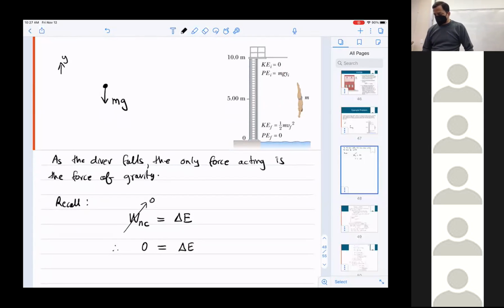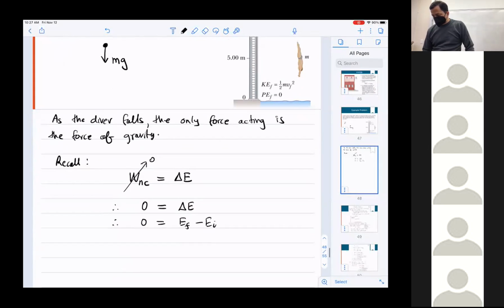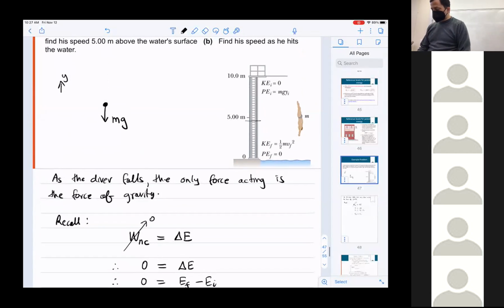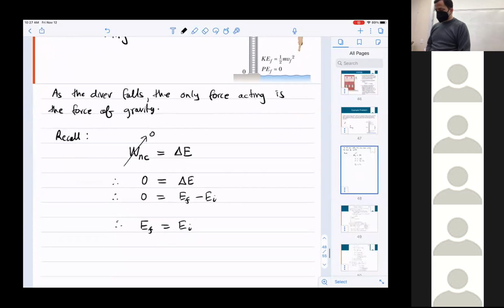To write this out more explicitly, 0 is equal to the final energy of the diver minus the initial energy of the diver, and so the final energy is equal to the initial energy. That is, we have conservation of energy, and we're going to use it to solve for the speed of the diver at y equaling 5 meters.